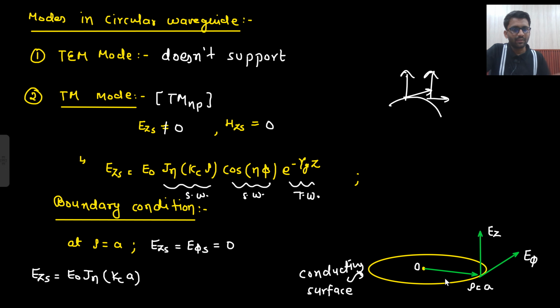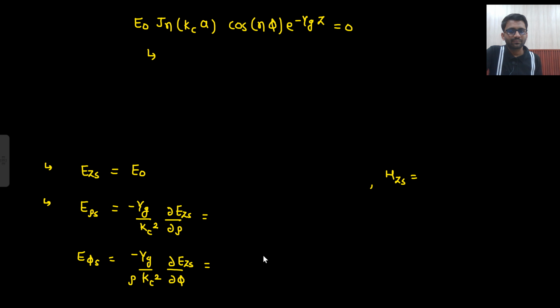Are you getting this point? Because the cross section is circular and that radius is there. This length is your a. So E naught Jn Kc rho cos n phi e to the power minus gamma g z is your Ez s, which is equivalent to 0 at rho equals a. So E naught Jn Kc a cos n phi e to the power minus gamma g z equals 0.